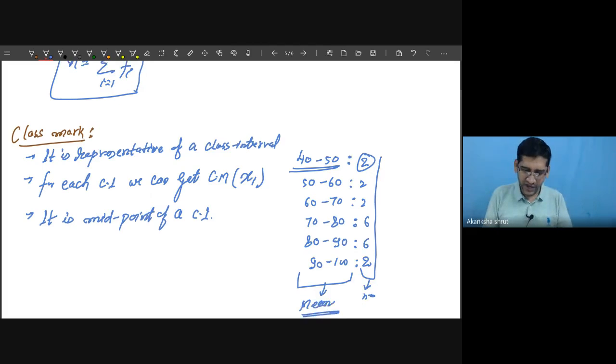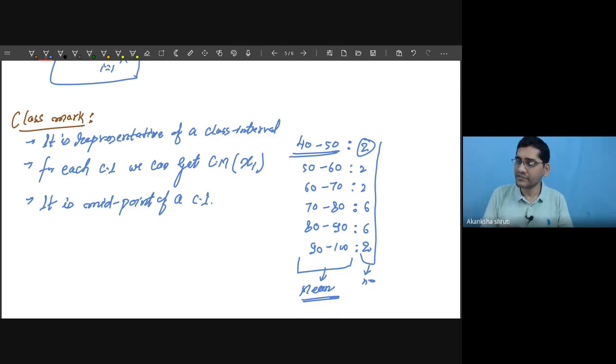It's so simple. How to calculate the midpoint of two numbers? Class mark is the upper limit plus lower limit, or you may write it starting with the lower limit: lower limit plus upper limit divided by 2.